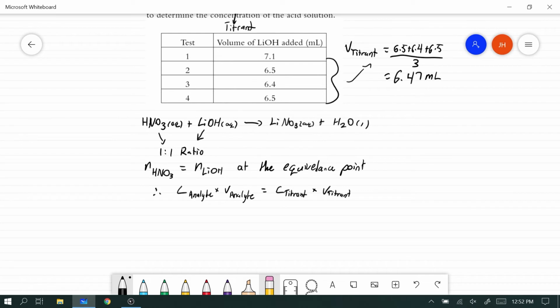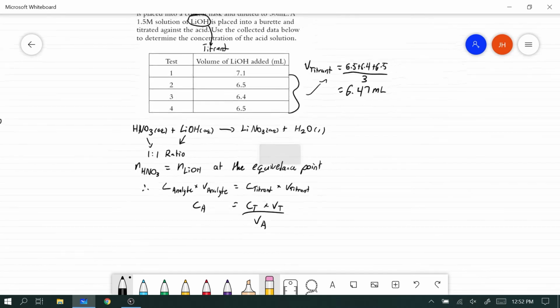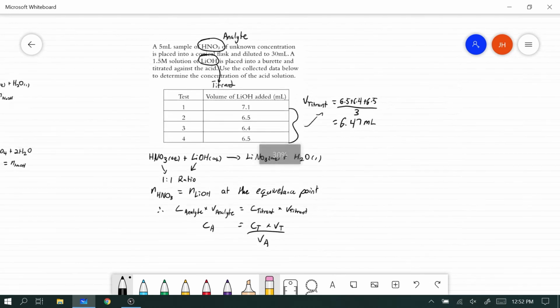So our analyte is always our unknown substance, so we can rearrange to make that the subject. So concentration of analyte is equal to concentration of titrant times volume of titrant divided by the volume of the analyte. So we should have all of the information that is required to substitute in.